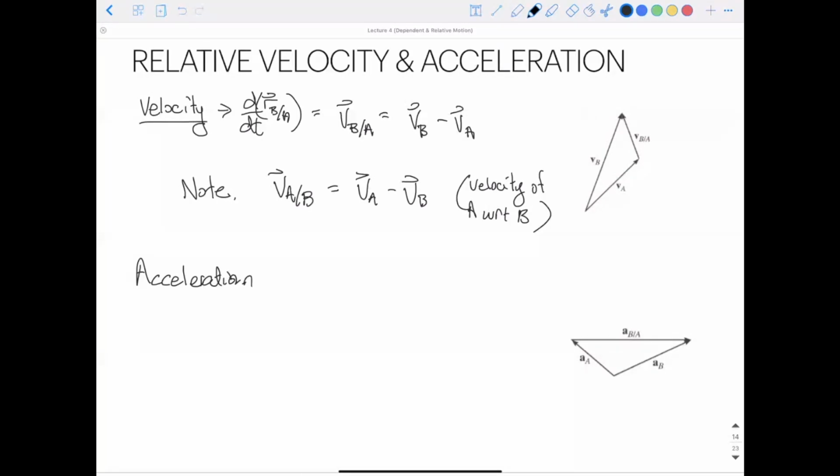So acceleration: take the time derivative of the relative velocity equation. So we have dv_B/A over dt.